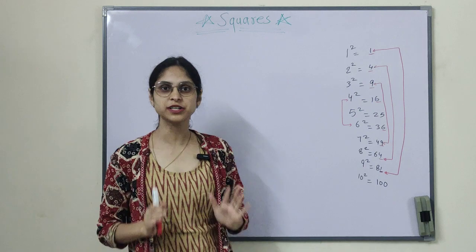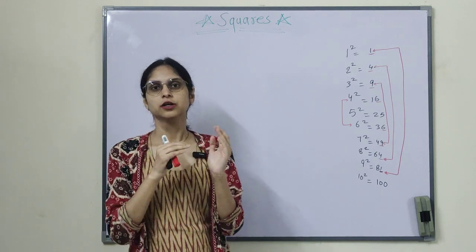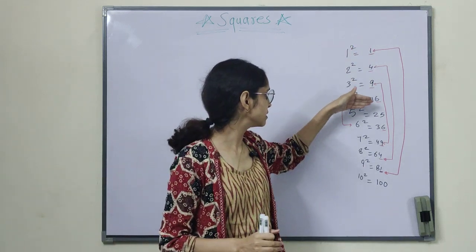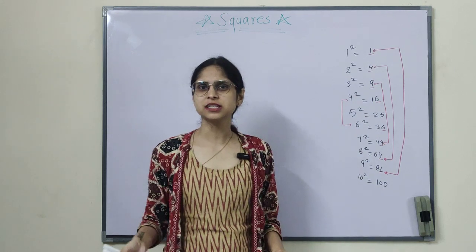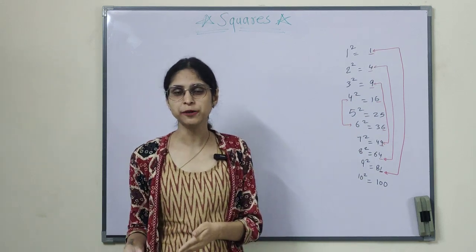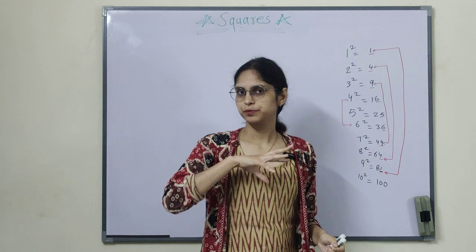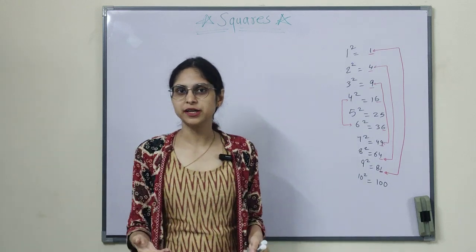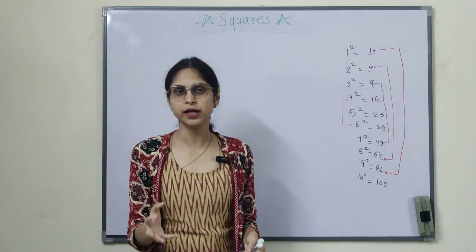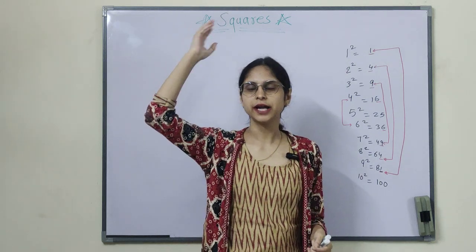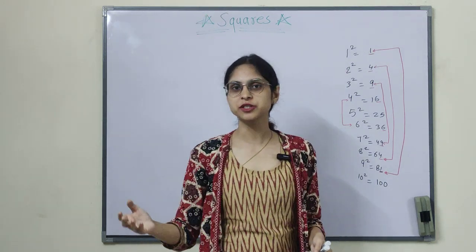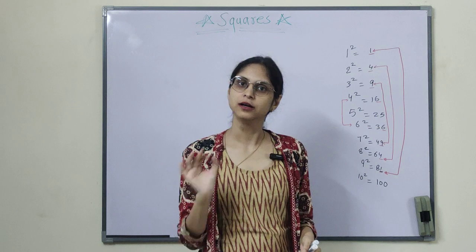Okay, for a number to be a perfect square, the last digit should be 1, 4, 9, 6, 5, 0. It is not sufficient, because 71 is not a perfect square, but if a number is, for example, 72, 72 can never be a perfect square. 832 can never be a perfect square because a perfect square cannot end in 2.